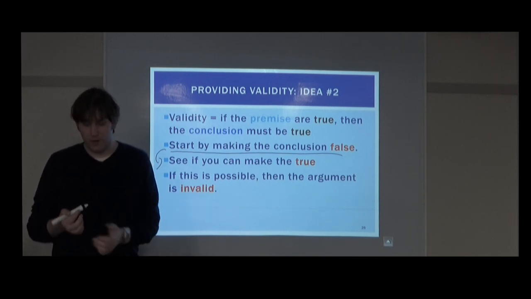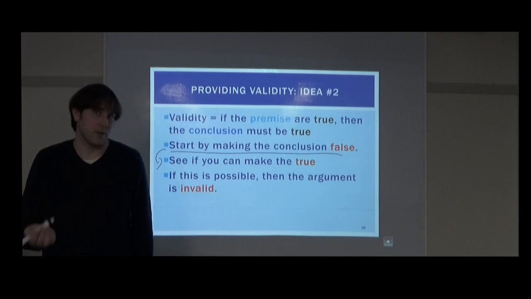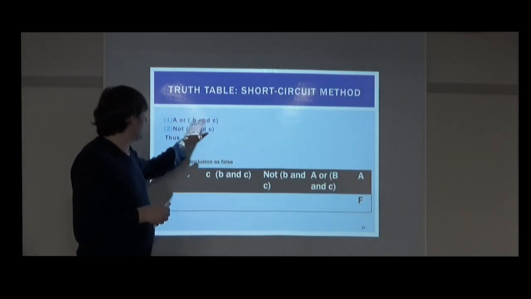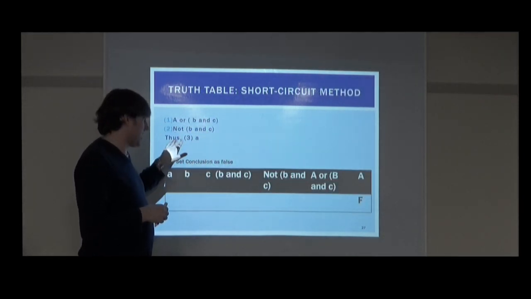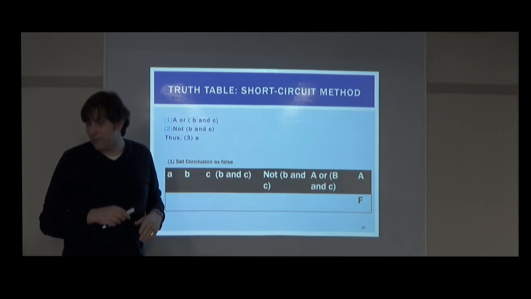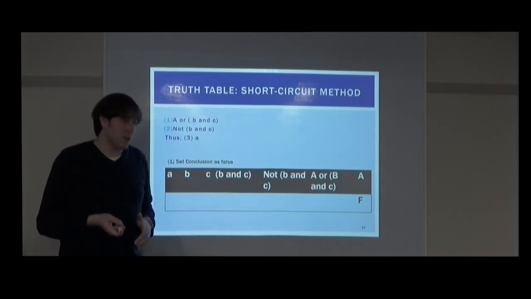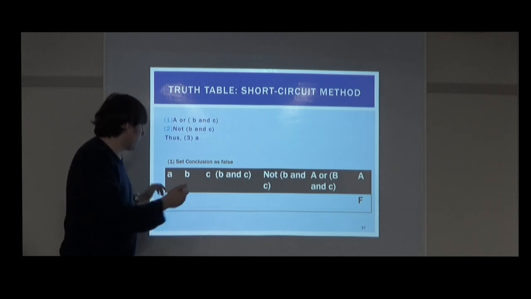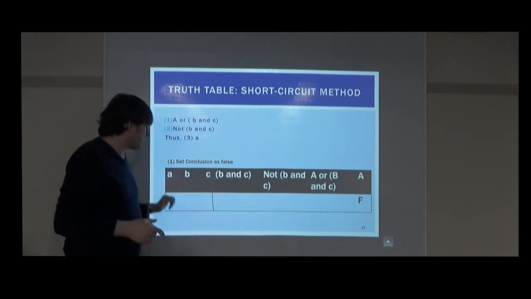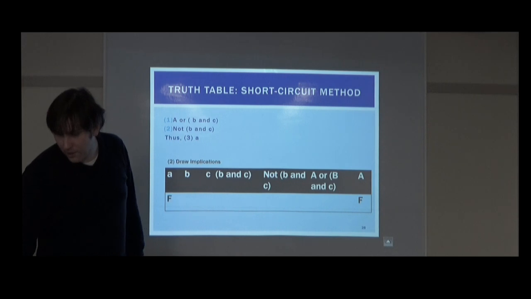So I'm going to show you one more difficult example, and that's going to be it for today. So we have A or B and C, not B and C, thus A. First thing we're going to do is we're going to set A to false. So once we've done that, we have our variables over here. We can go ahead and set that one.